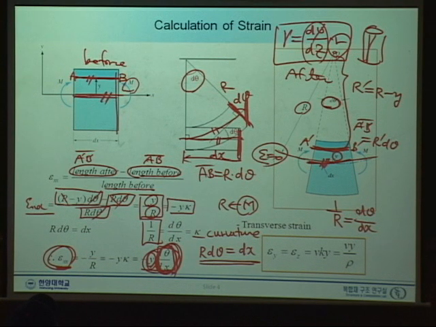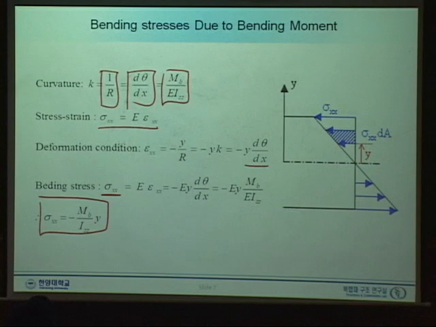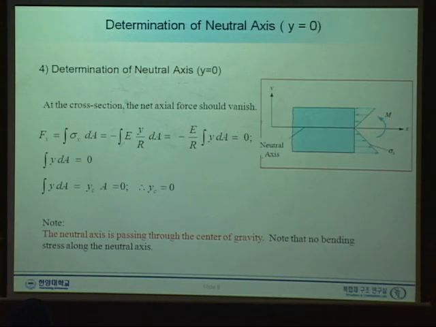Okay, no strain. This is the axis we define. And how do we calculate that neutral axis?